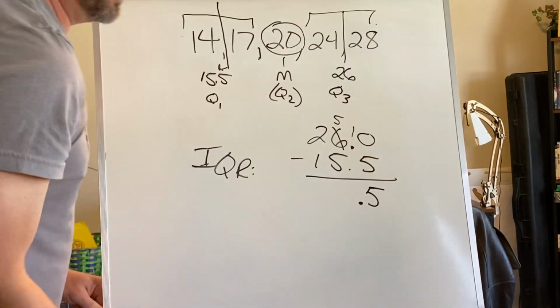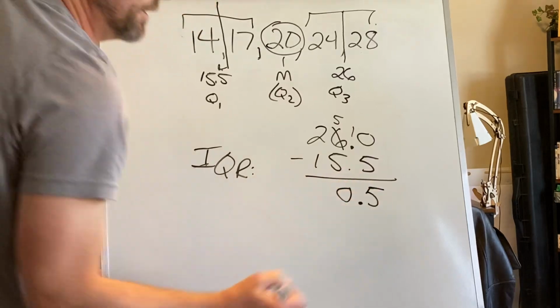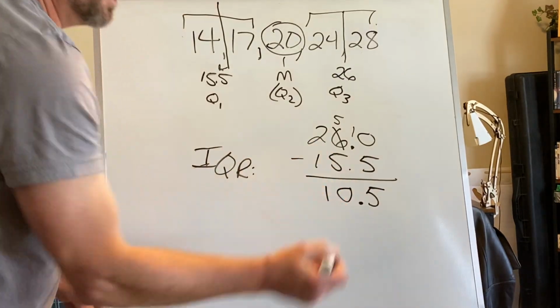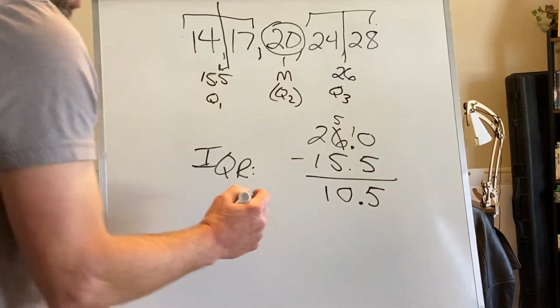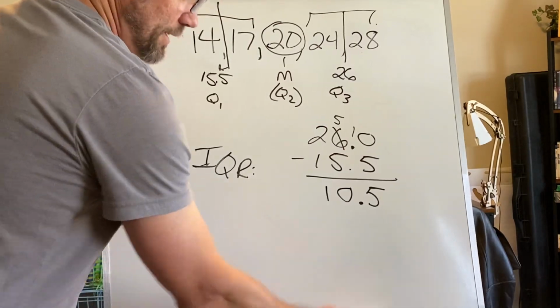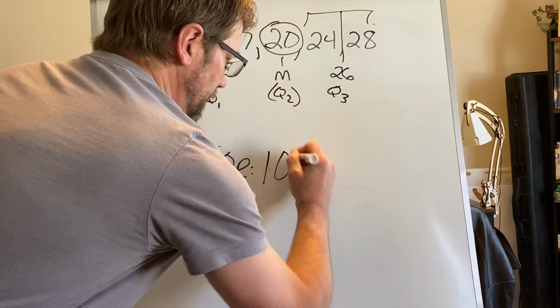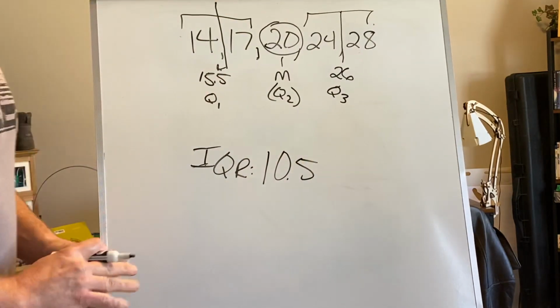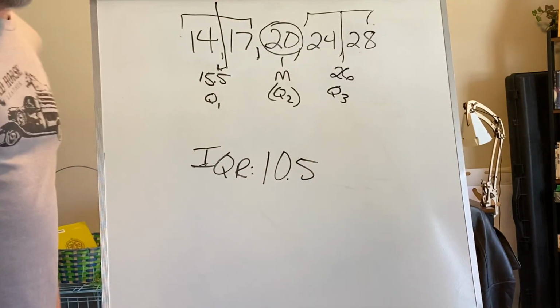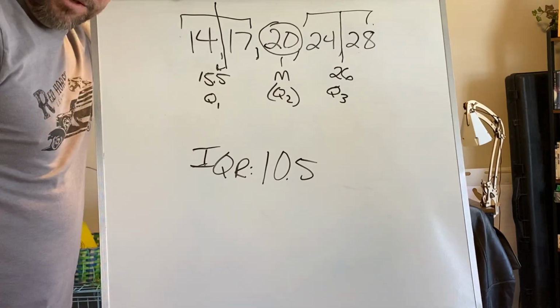Bring down the decimal point. 5 minus 5 is 0. 2 minus 1 is 1. So our IQR for this set is 10.5.